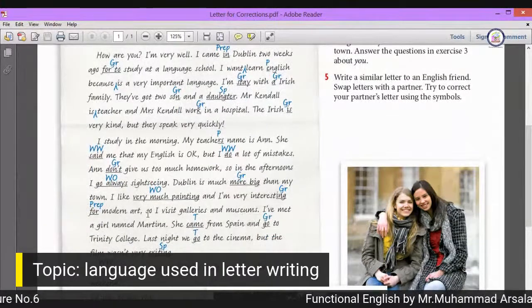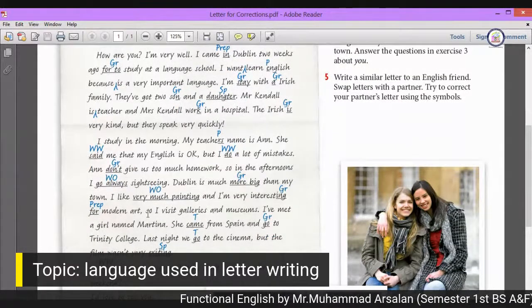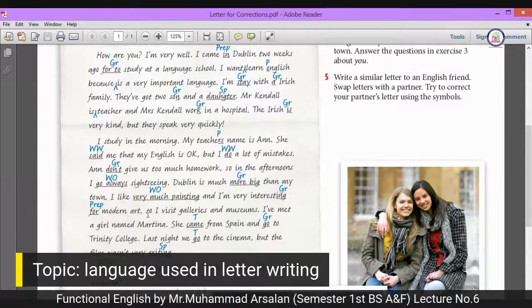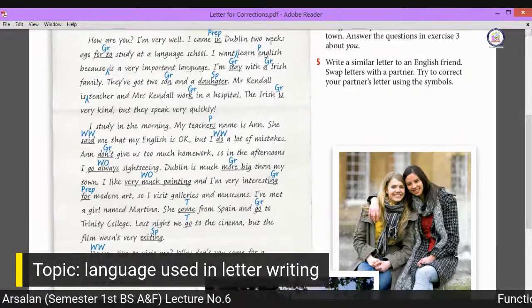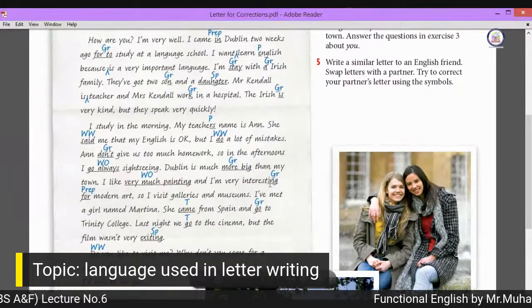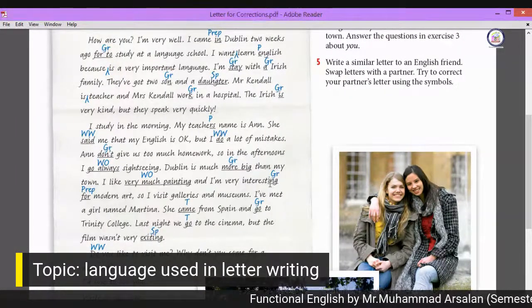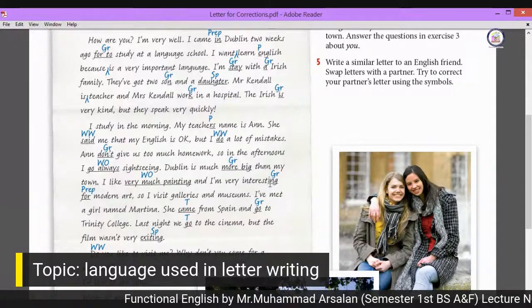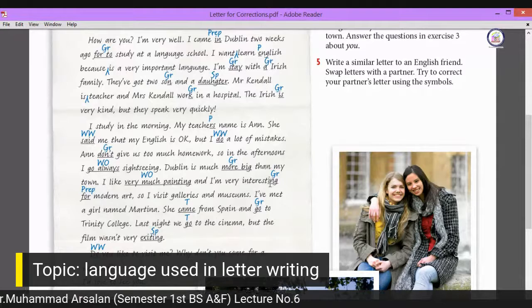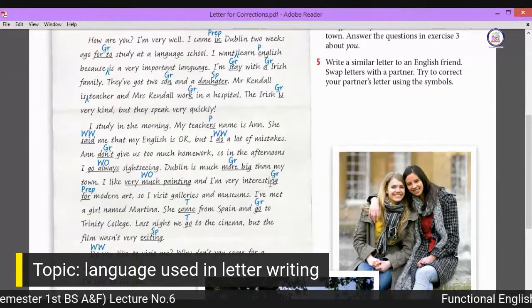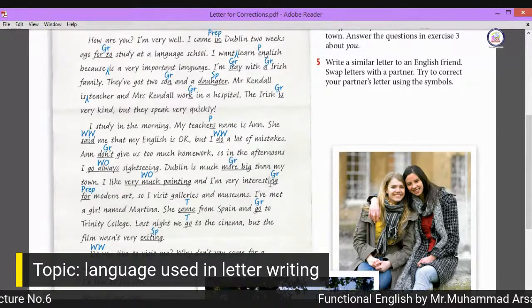You have 5 minutes to look at this whole text and find out the answers. I want to know what your answers are. This is also a grammar exercise and a language exercise.